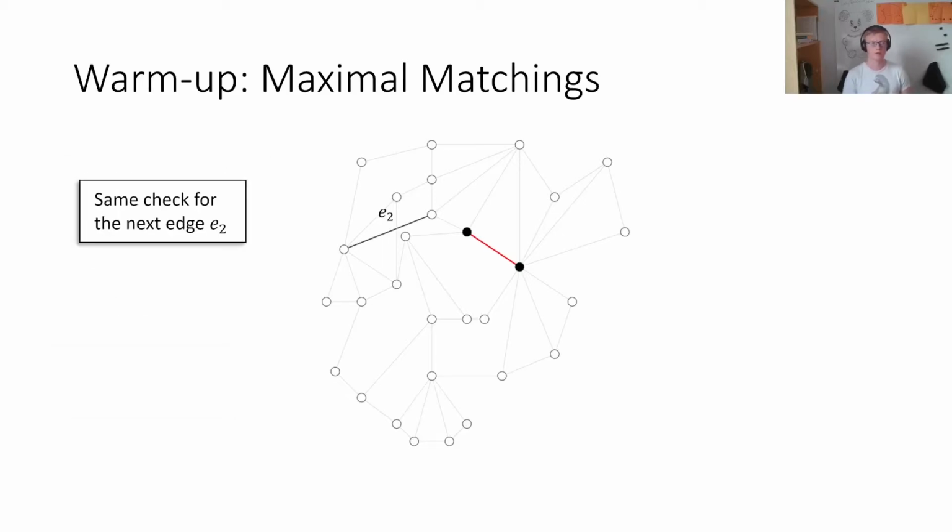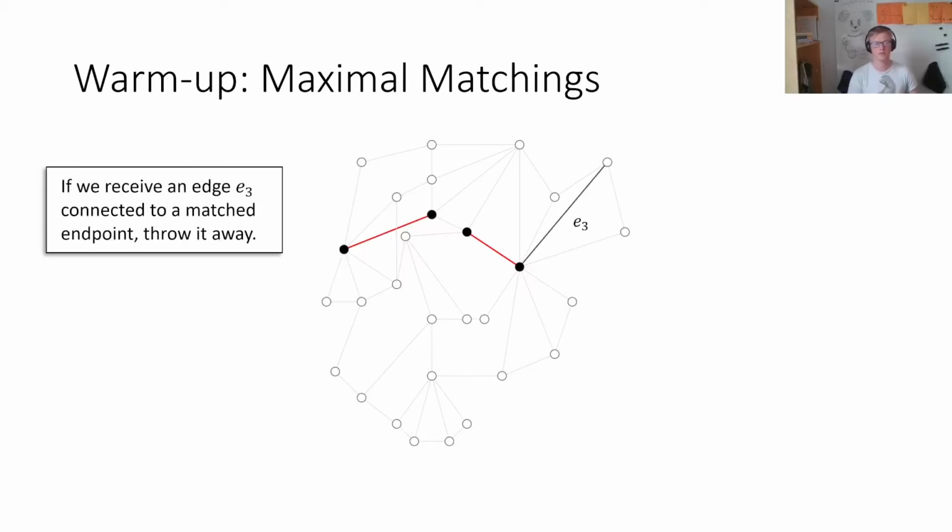Alright, in the second step we get the edge E2. This guy is not adjacent to the matched edge, so we can again safely add it to the matching and mark the endpoints as non-free. If we get some edge that is connected to a matched endpoint, then we just throw it away, so we ignore that.